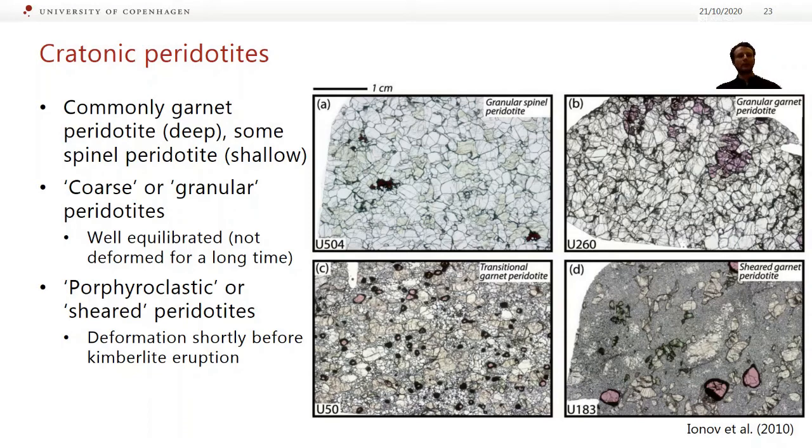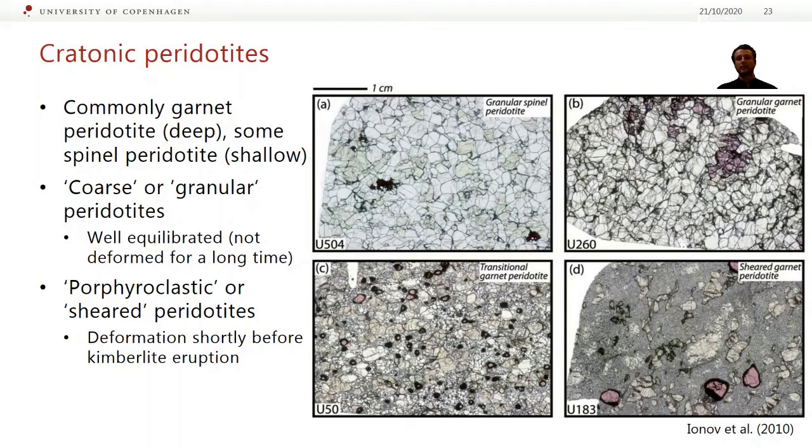All right. So cratonic peridotites are commonly garnet peridotites, which generally indicates that they formed at greater depths. We also see some spinel peridotites, which would be from shallow depths. Texturally, you can divide these into coarse, sometimes known as granular, peridotites. These are shown in the top two pictures here from Ionov et al. 2010.